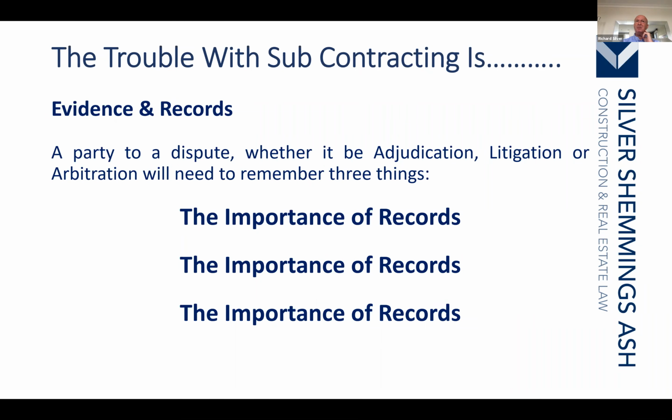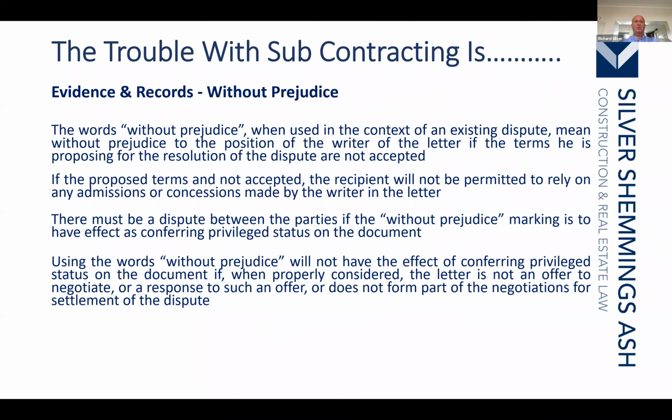The person who ultimately wins is the person who has the best records. Now, I'm aware that, for example, mechanical and electrical subcontractors are generally very good with their record keeping, but some other subcontractors, because they simply do not have all the resources on site to keep adequate records, often fail. So you must keep adequate records.